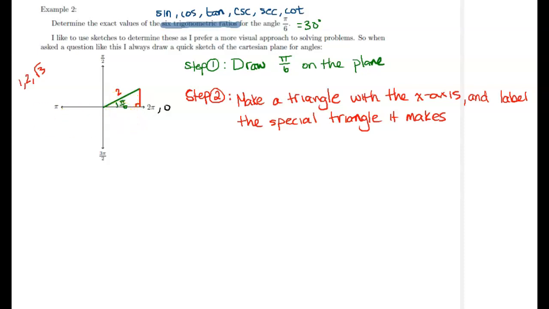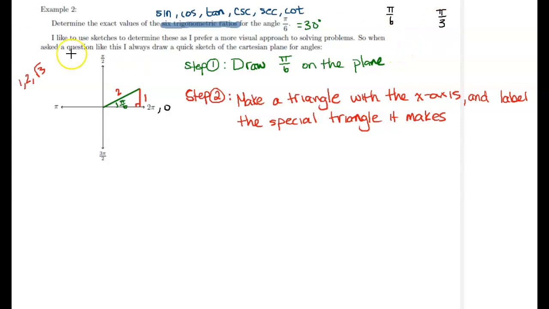Well, the way I like to remember is the smallest side is opposite the smallest angle. So if I think about it as 30 degrees, this is the smallest angle. So opposite the smallest angle will be the smallest side. If we're purely looking at it in radians, we have pi over 6, right? Sometimes it's confusing between pi over 6 and pi over 3, which one might be the bigger.